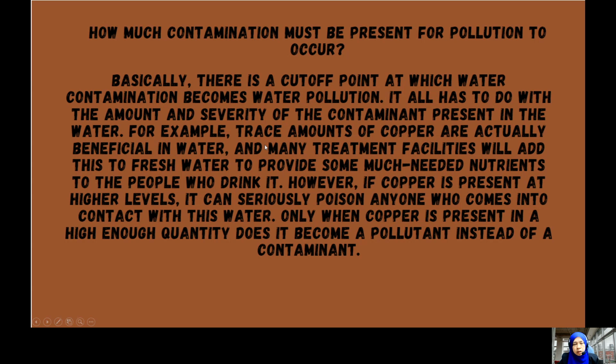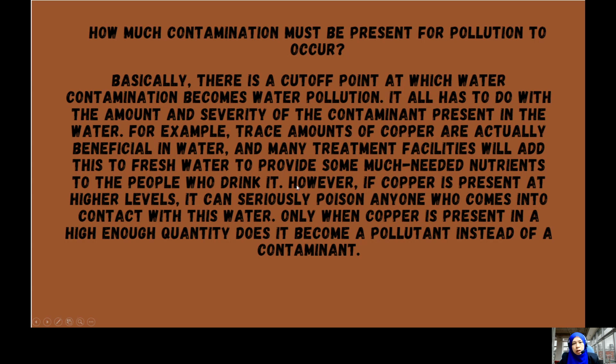For example, trace amounts of copper are actually beneficial in the water, and many treatment facilities will add it to fresh water to provide some much needed nutrients to the people who drink it.